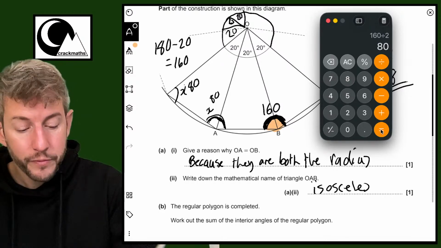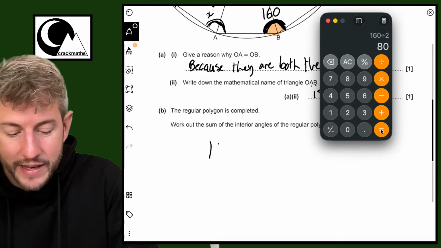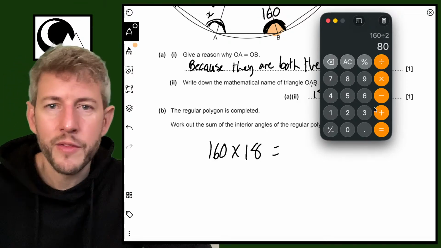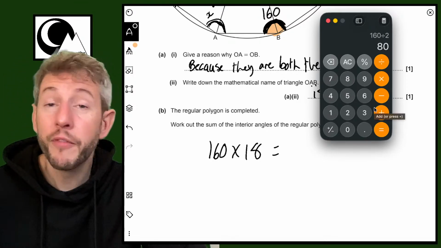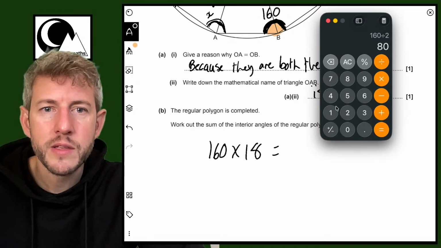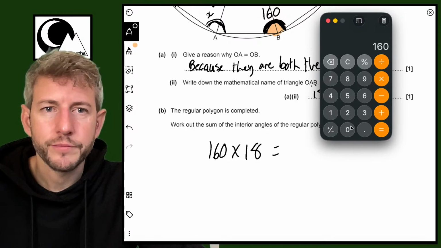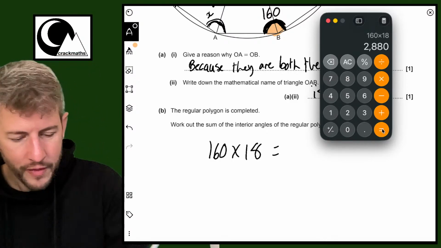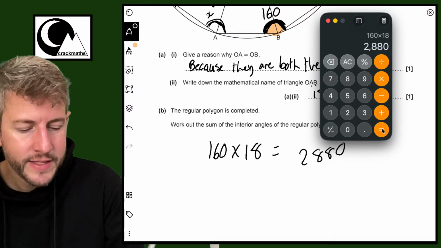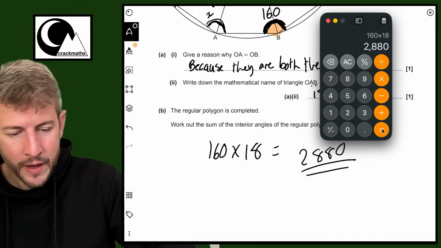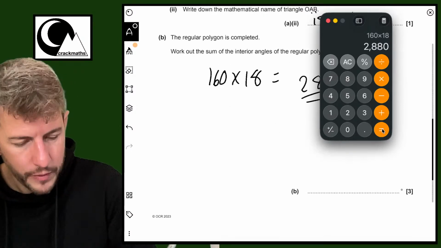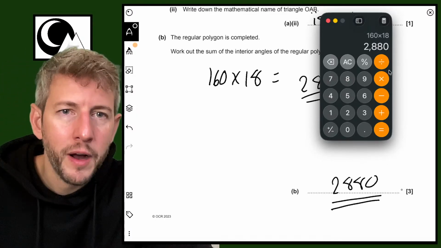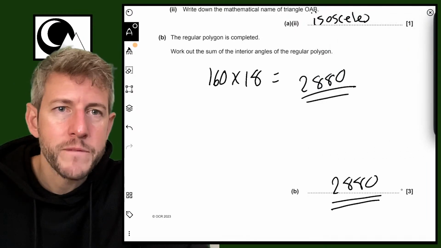So we can do 160 multiplied by 18, and that will give us the total sum of the interior angles in the regular polygon. So we've got 160 multiplied by 18, and that equals 2,880. I'll write that down here. All right, let's quickly mark these and then we can move on to the next page.